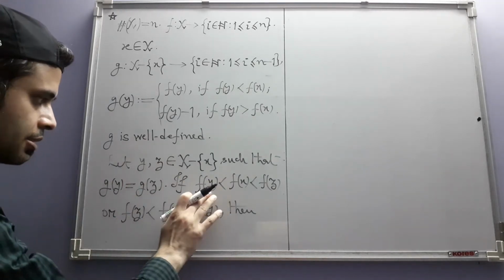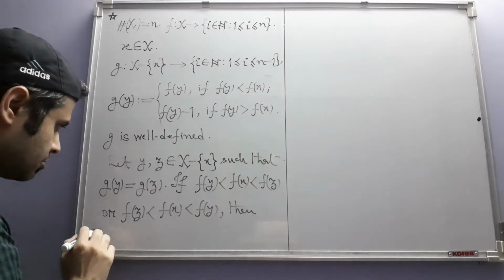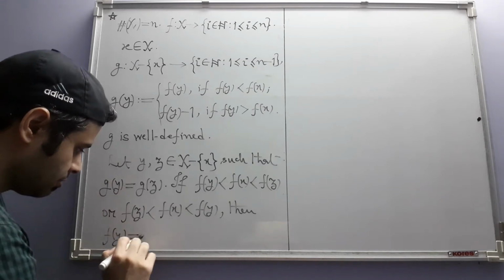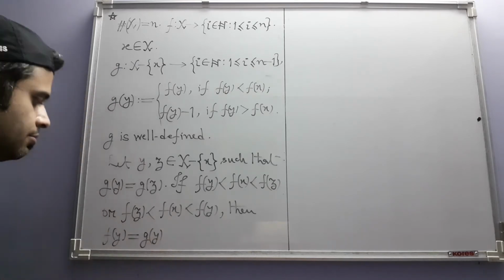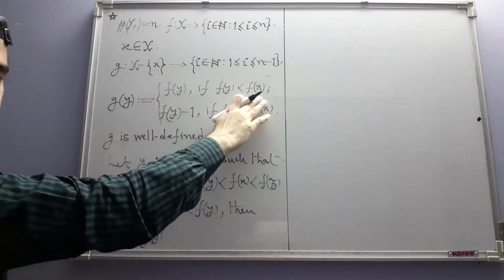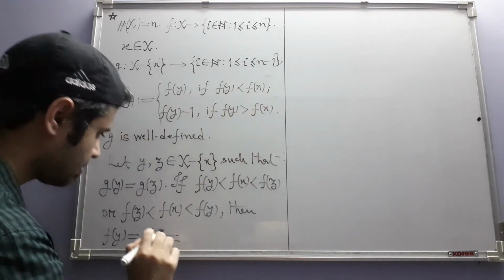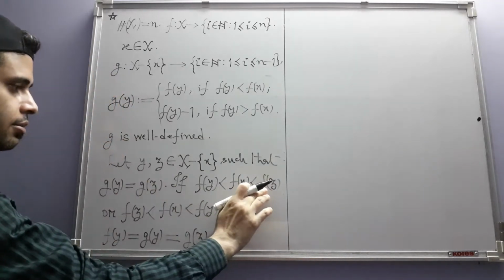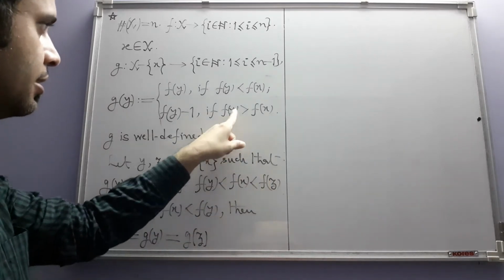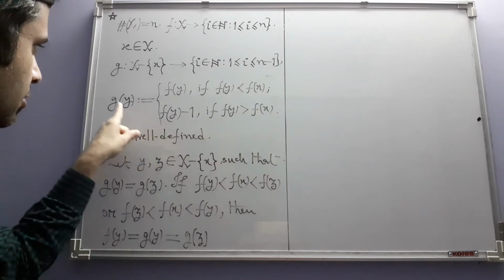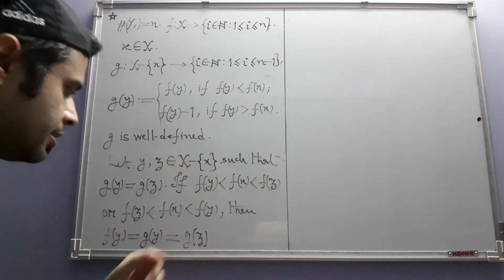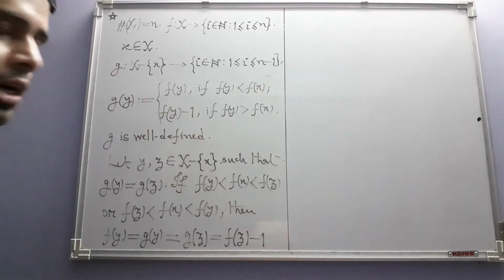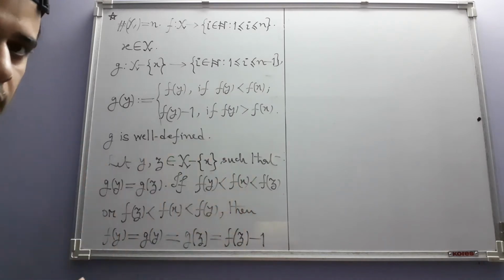Then because f of y is less than f of x, we have f of y is equal to g of y. This comes from the definition of g. Now from our assumption, g of y is equal to g of z, but now look at the situation we have here. f of z is greater than f of x. So according to our definition of g, g of z will be f of z minus 1. So this happens for the first set of inequalities.